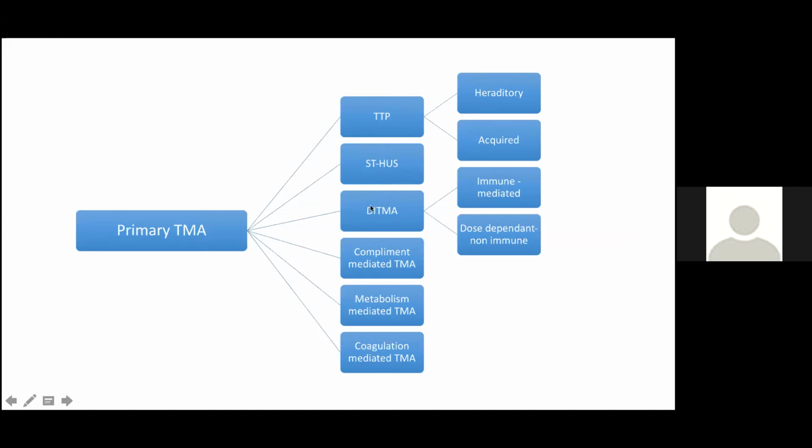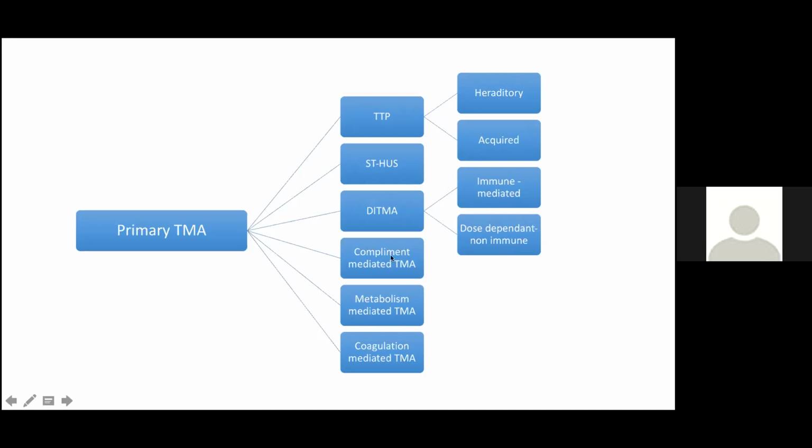And there are drug-induced thrombotic microangiopathies, which can be immune-mediated or directly dose-dependent non-immune. In the immune type, the microangiopathy occurs secondary to antibody response. In the other, the drug itself directly damages the endothelium and causes microangiopathy and thrombosis.